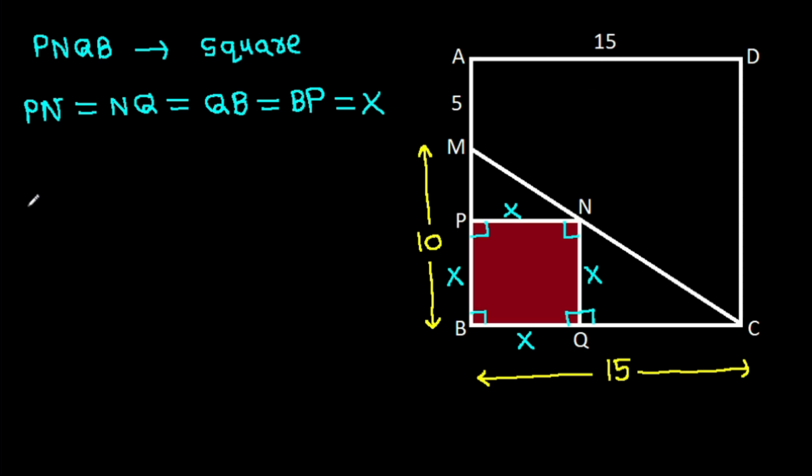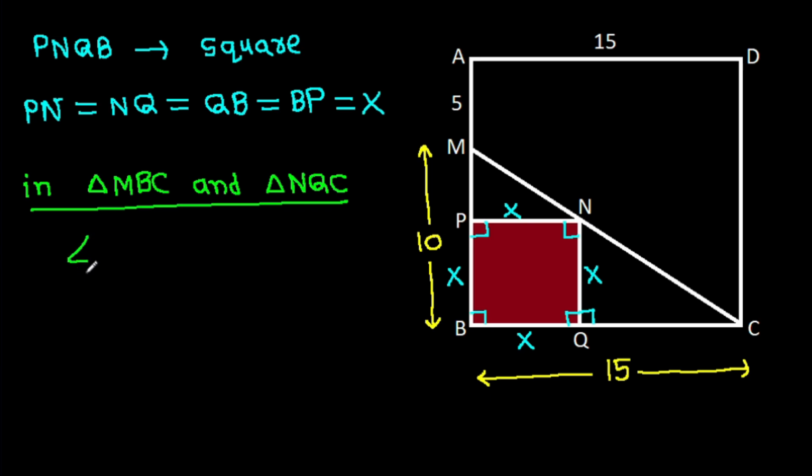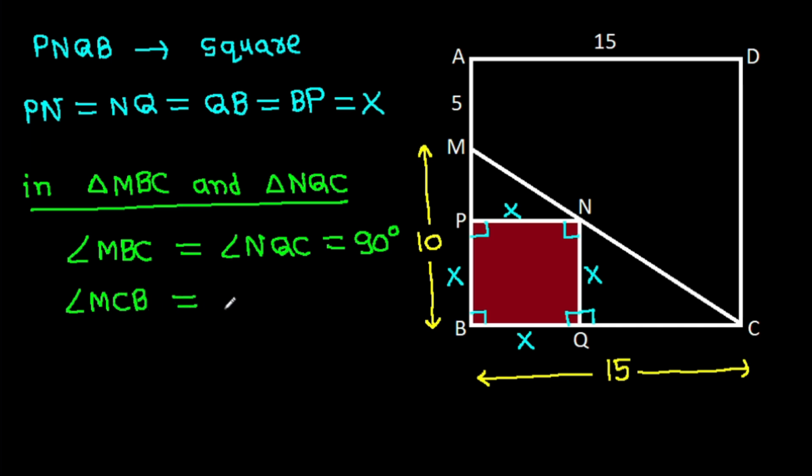And now in triangle MBC and triangle NQC, we have angle MBC is equal to angle NQC, that is 90 degrees, and angle MCB is equal to angle NCQ, that is common.